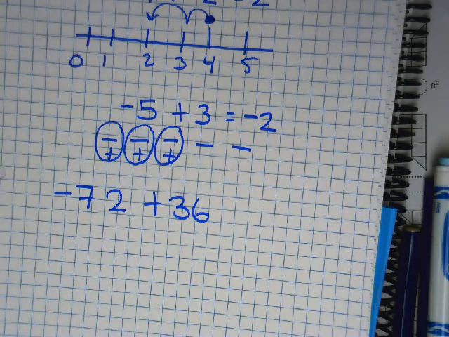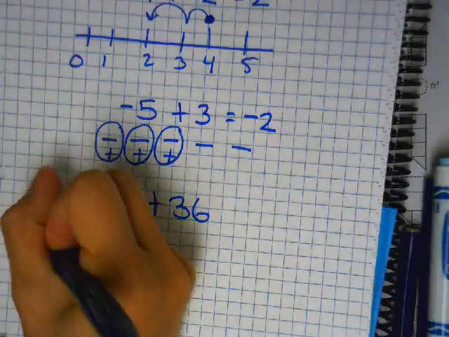No. Do I really want to go on a number line to negative 72 and then count 36 spaces? No. So what we do is we eventually learn the rule. With my other classes, we're going to be doing this for a whole day as a review, but you guys, we're going to jump into the rule. So there's 2 rules.